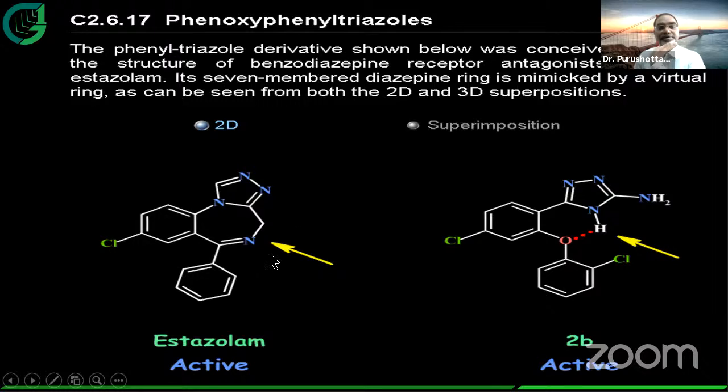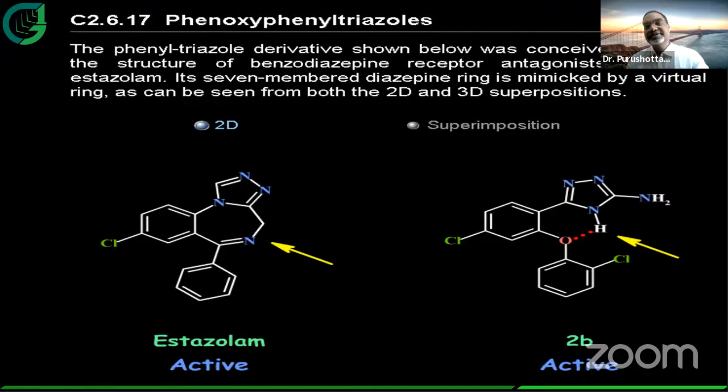Probably you have this rigid structure of estazolam which has been replaced, and you could have the freedom to modify this compound further. So this is a very interesting example of breaking the 7-membered ring.